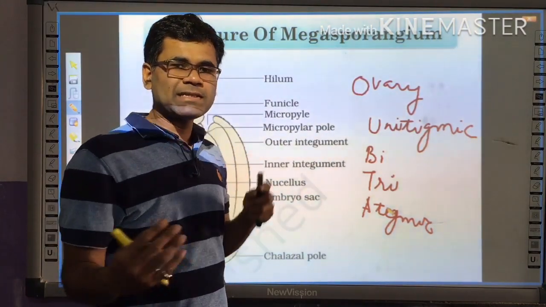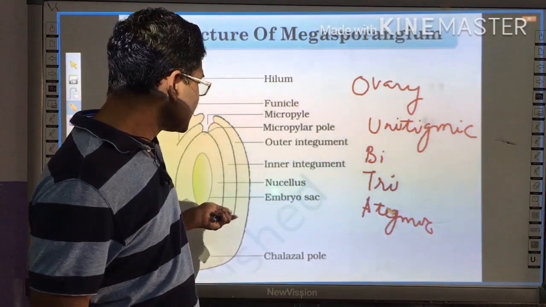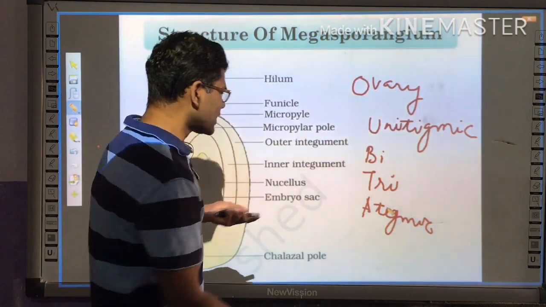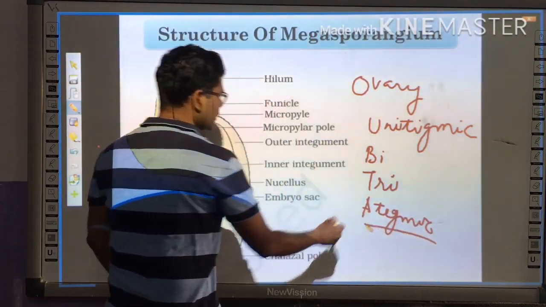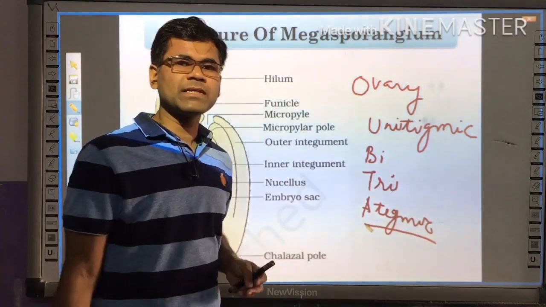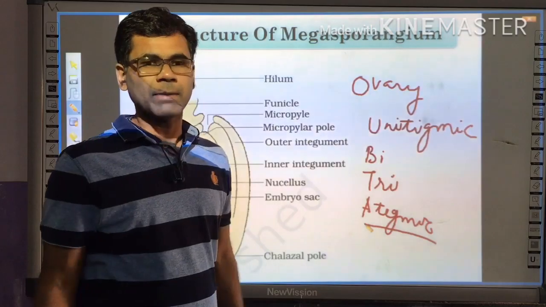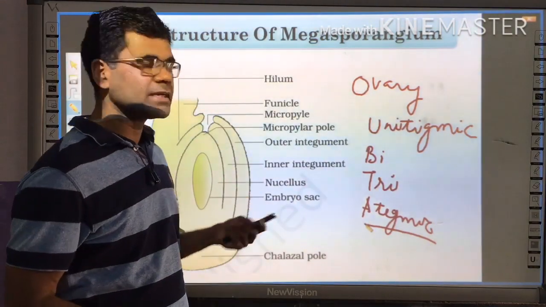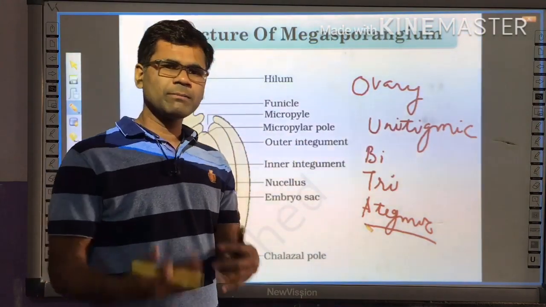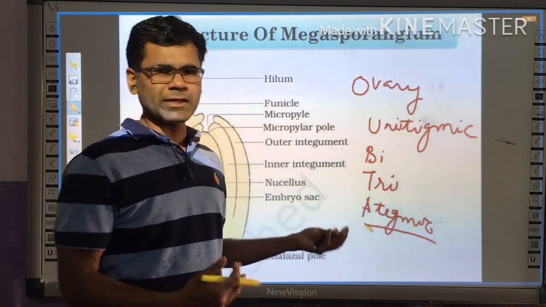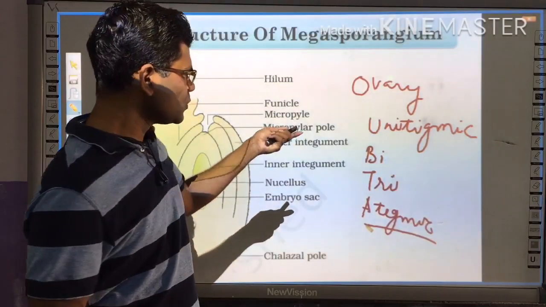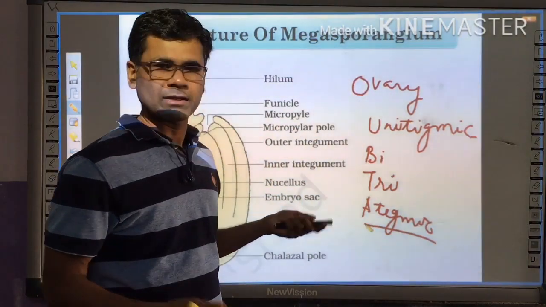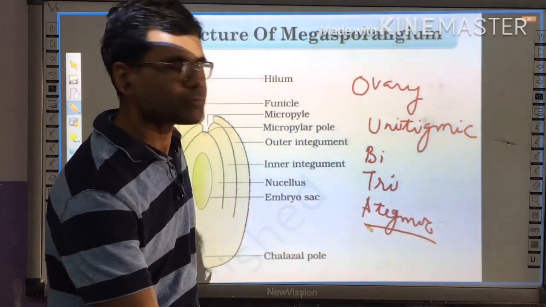In parasitic plants, the integuments are completely absent. So in this condition, if the integument is completely absent, it is called ategmic. So on the basis of integuments, the ovule can be unitegmic, bitegmic, tritegmic, or ategmic. All the four categories are there.